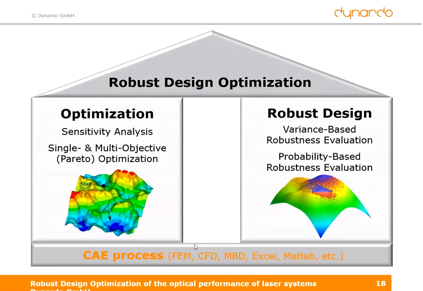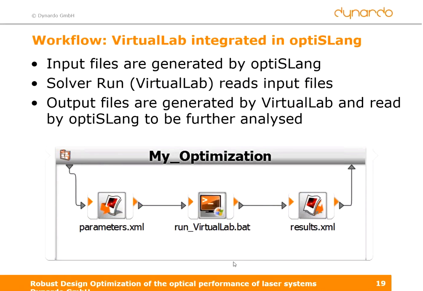How this is done, or what it means, is presented here as a house. So the basis of this house is this computer-aided engineering process. In this case, it means here is the VirtualLab integration process. And this looks like that in optiSLang, that automatically this workflow is set up by using a solver wizard.